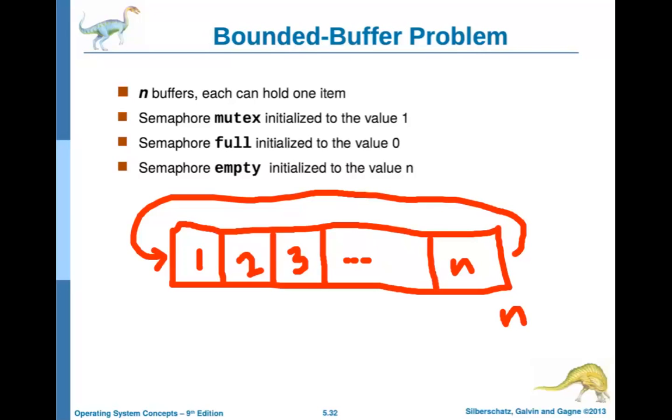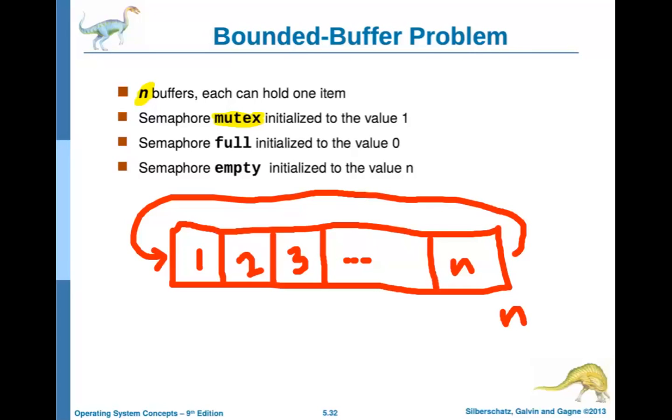The data structures are mentioned here. For example, we have the number of buffers n. Now, 3 semaphore variables can be utilized in this solution. One is the mutex, and this we initialize with 1. And the meaning of 1 is that it is free. Okay, so whoever is waiting on this will be granted the permission because it is not being used by anybody.